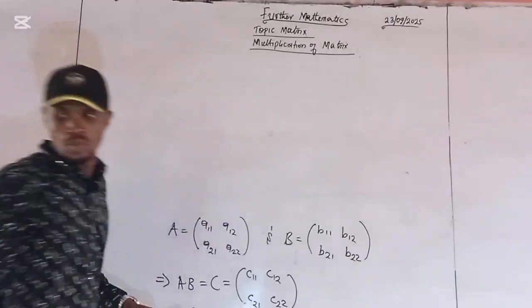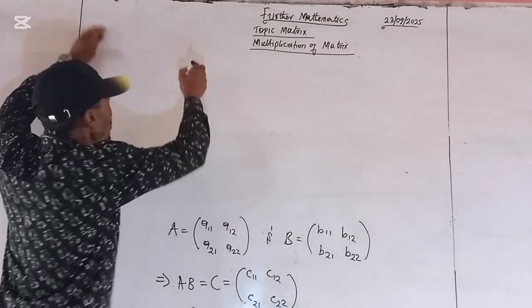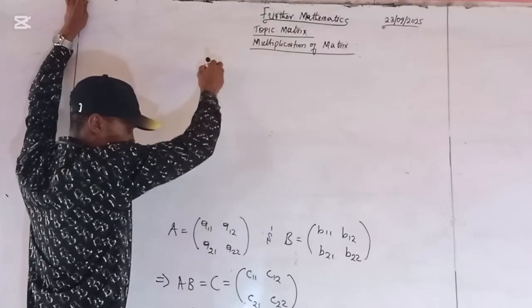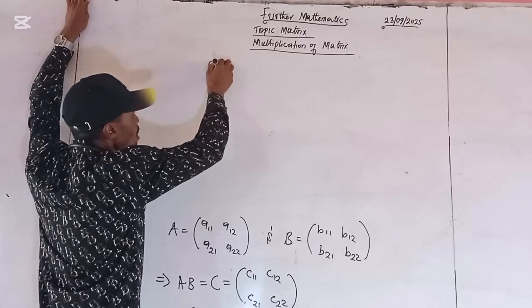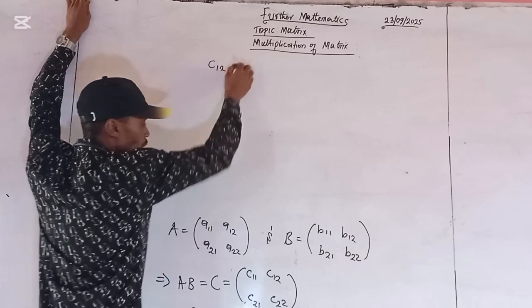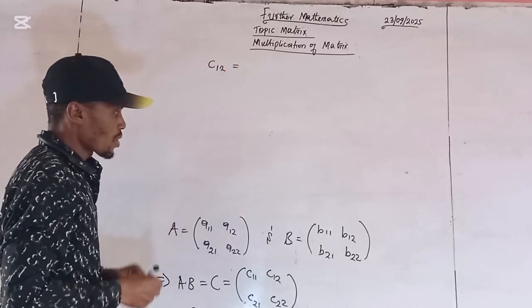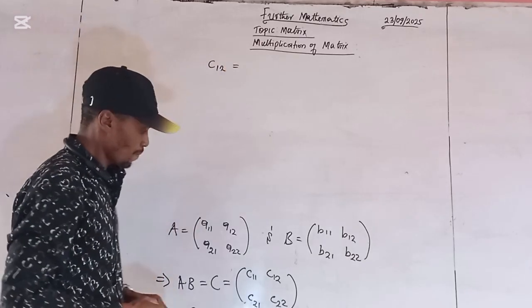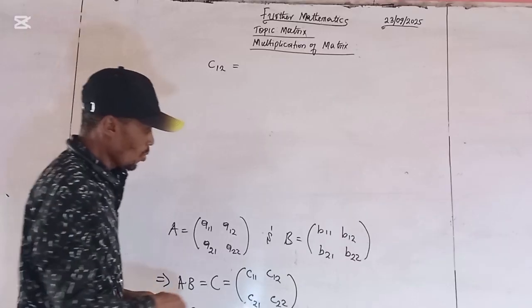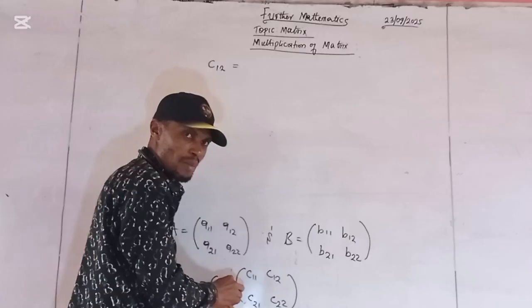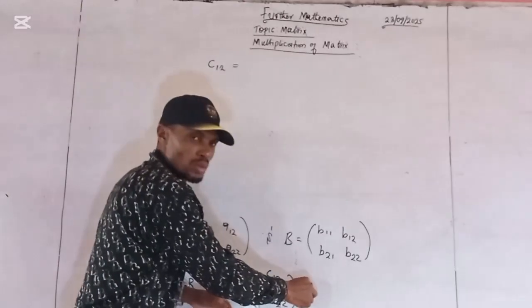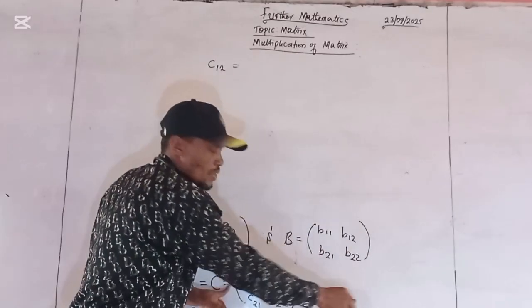The same thing goes for C12. C12 means that we are going to use the elements in row 1 to multiply the elements in column 2.